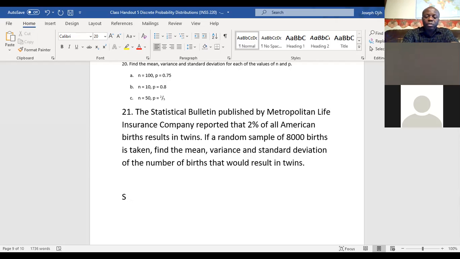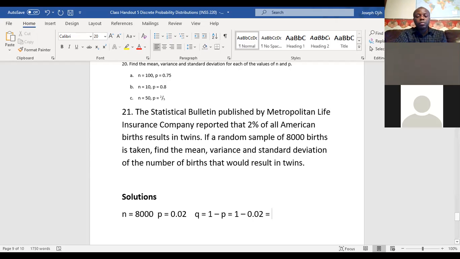First of all, we find our values. For n, our n here is 8,000 births. We are selecting 8,000, so n is 8,000. Now our p is 2%, which is 0.02. So our q equals 1 minus p, which is 1 minus 0.02.